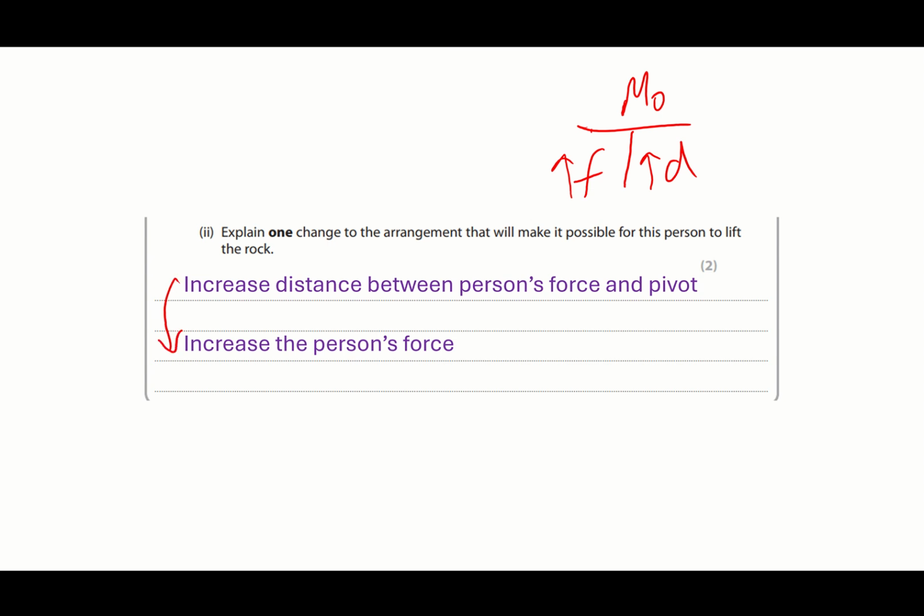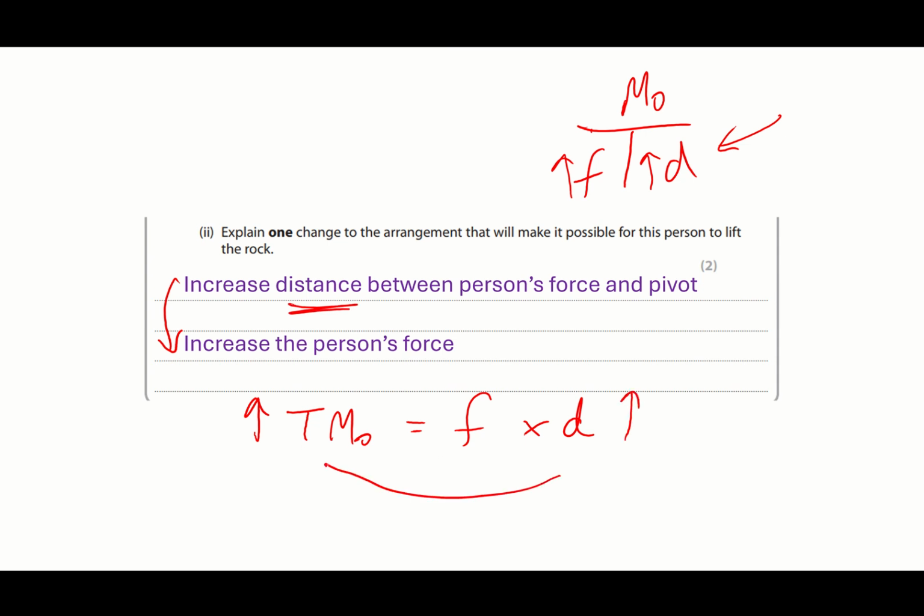The next thing is to explain why: it will increase the turning moment, as that equals the force times the distance. So if the distance increases, then the turning moment increases.